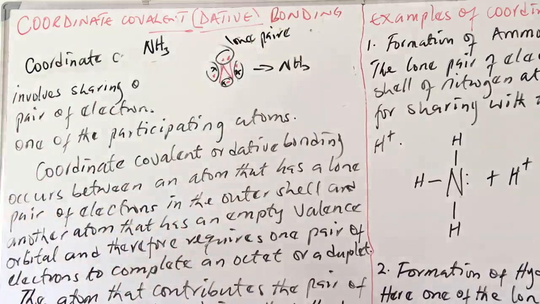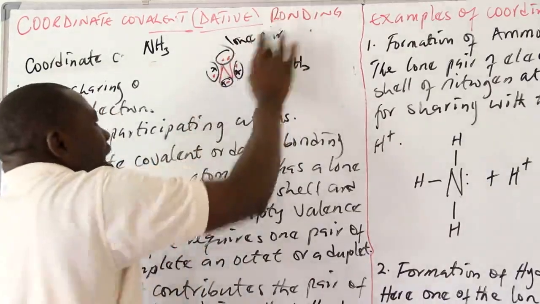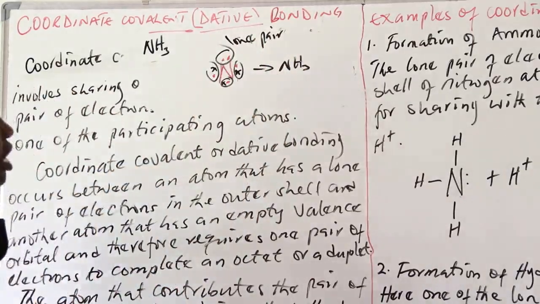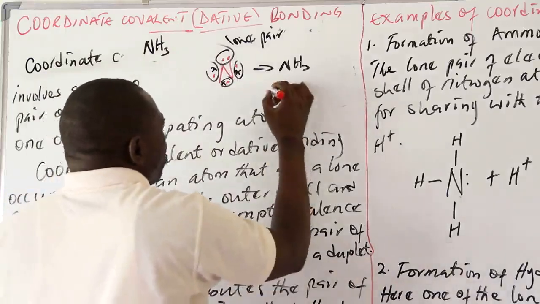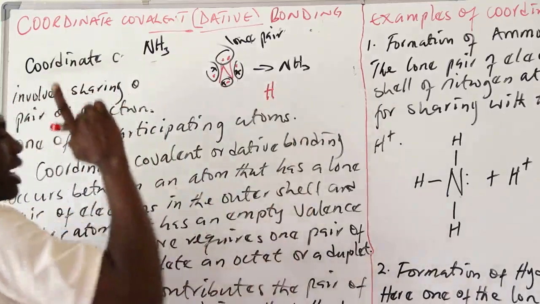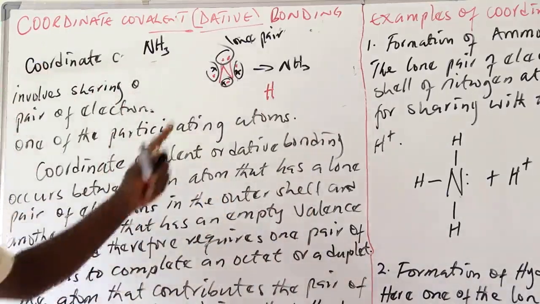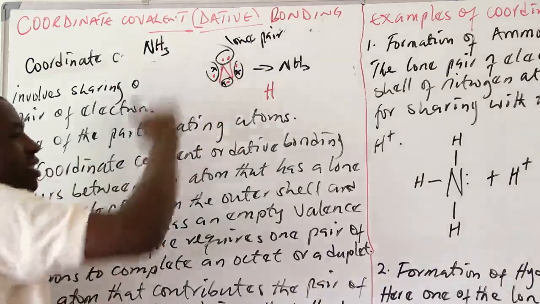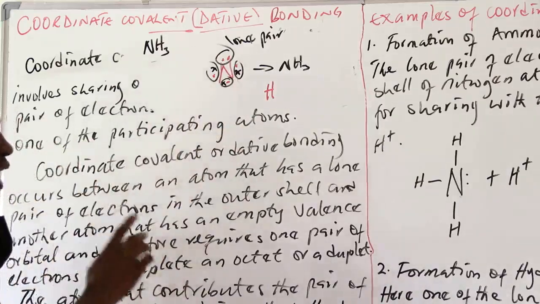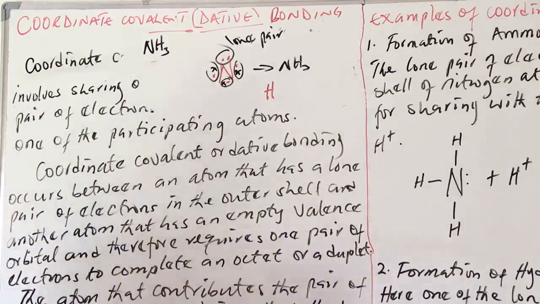So if an atom that has this type of lone pair of electrons comes across an atom or an ion like hydrogen. Hydrogen ordinarily has one electron in its one and only shell, and it needs one more electron to complete that shell so it can have a duplet configuration.